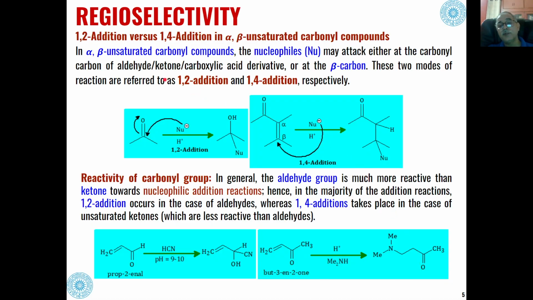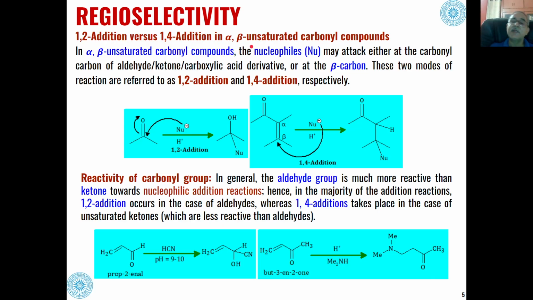Then a few other examples are Michael addition reactions where we see that in some cases addition is 1,2 addition whereas in other cases it is 1,4 addition.